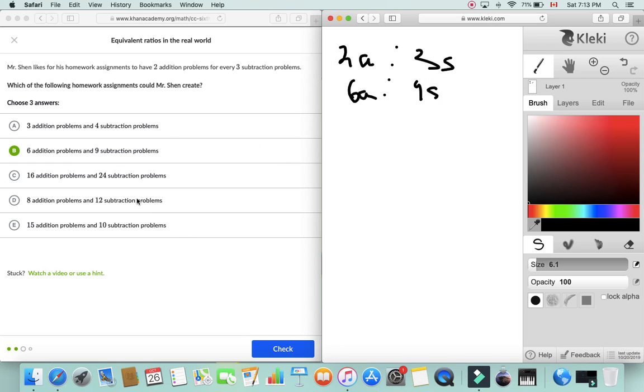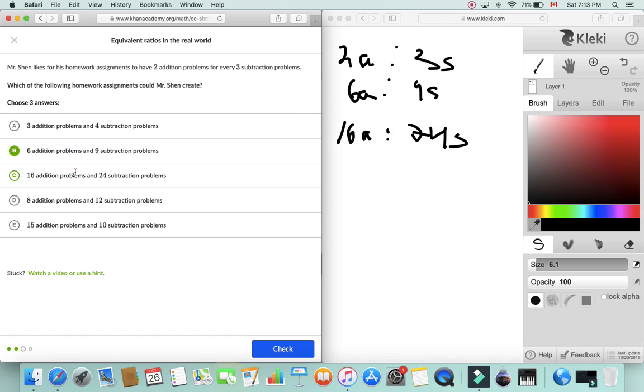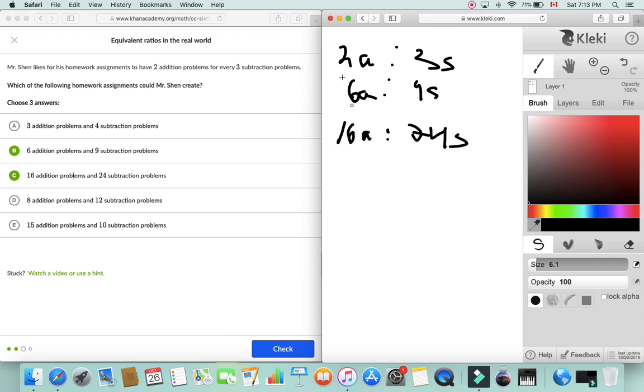Okay, 16 to 24. Well, we can get to 16 because 2 times 8 is 16. And we have to do that on this side. It's 24. Well, that works as well. Oh my god. How about 8? Yeah, we can get that. 2 times 4 is 8. And 3 times 4 is 12.